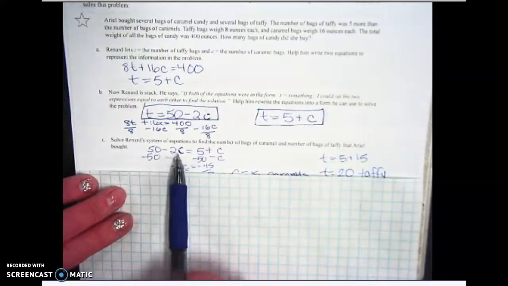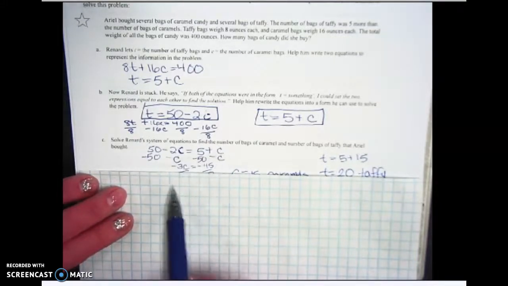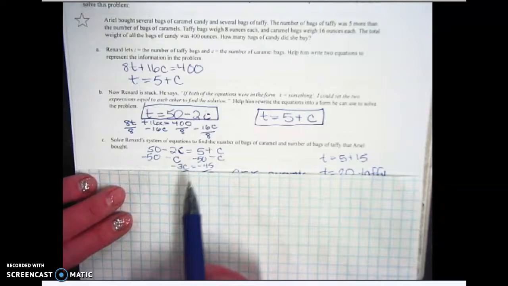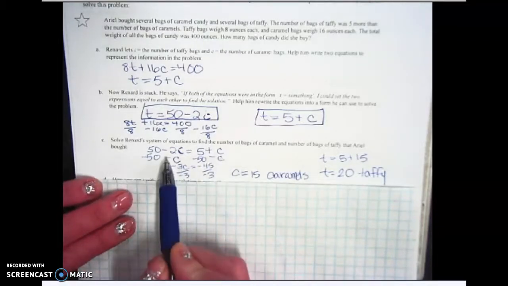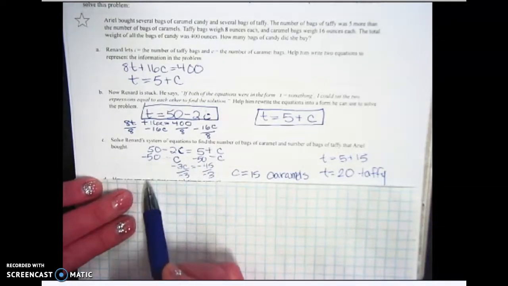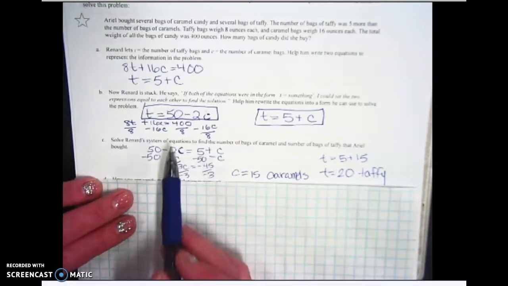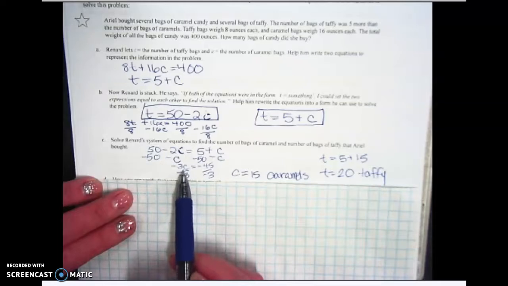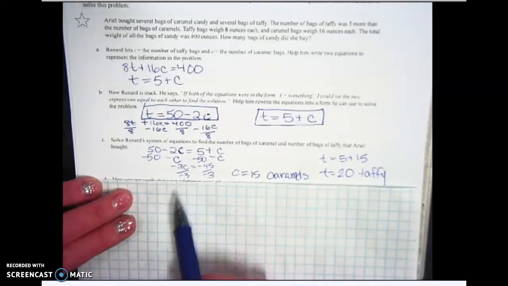So if we have 50 minus 2c equals 5 plus c, we want to get the c's on one side of the equal sign or the other. So we're going to subtract c from both sides. At the same time, we're going to subtract 50 from both sides. Negative 2c minus c is negative 3c. And 5 minus 50 is negative 45.